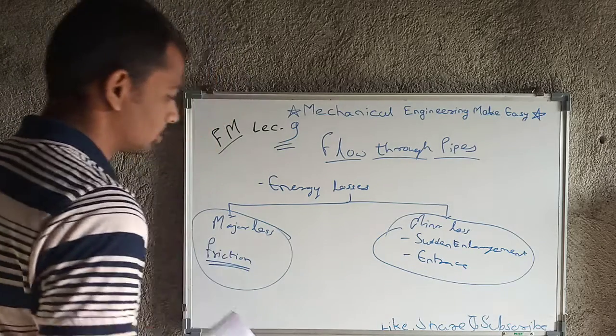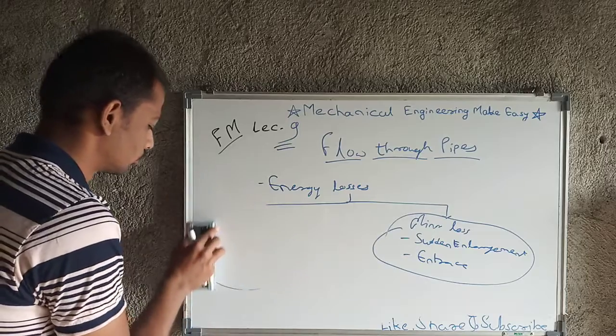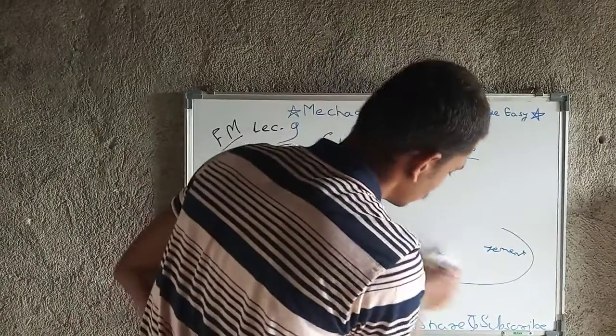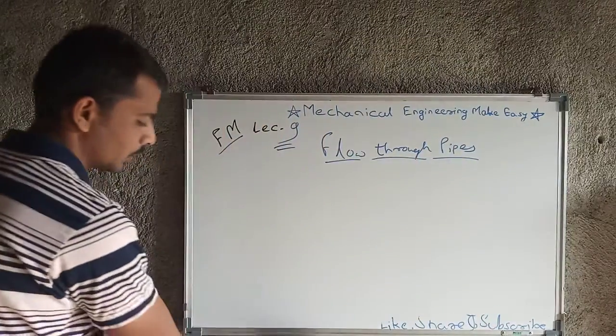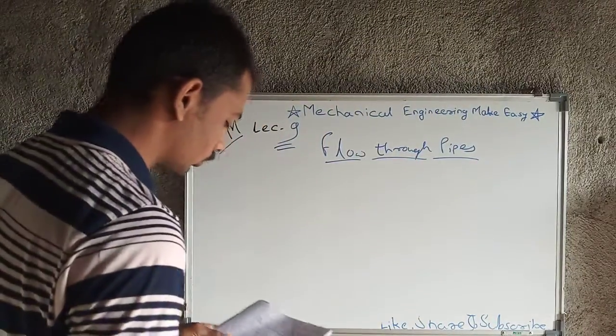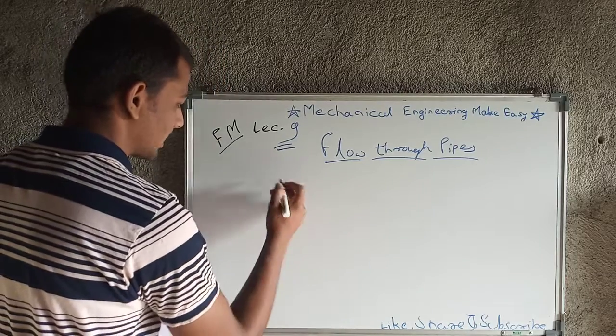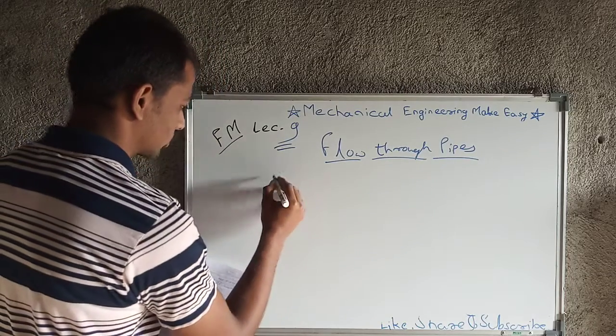So we will move in depth and we will note down all the formulas. Firstly, loss due to friction has two equations.